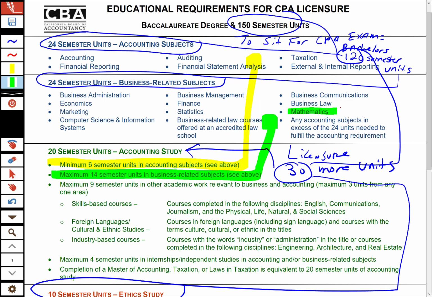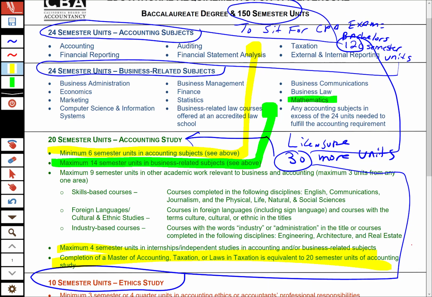Okay, now for many of you guys, since you're all master students in here, right? You would be waived the requirement of having to get the additional 20 accounting units.